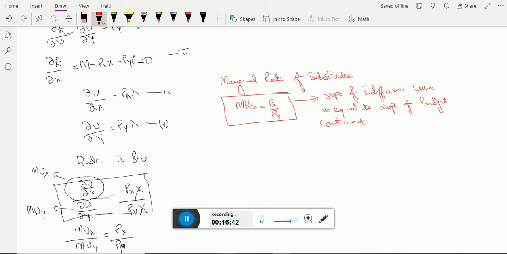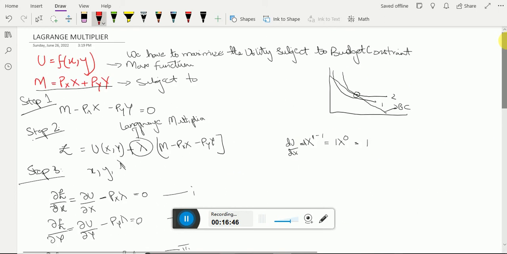If we go to the initial section of this lecture, we can see that we are selecting indifference curve number 2, which is just tangent to the budget constraint. When both are tangent to each other, the slope of the budget constraint and the slope of the indifference curve at this point become equal.